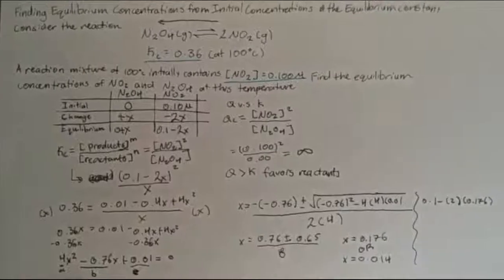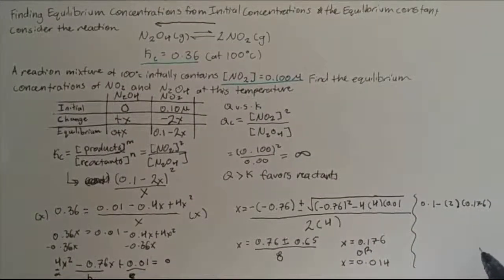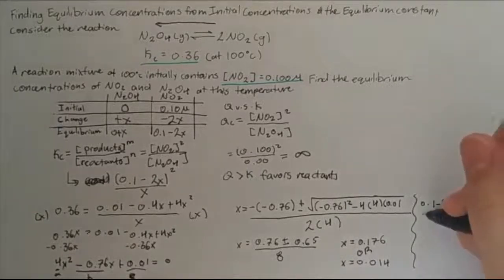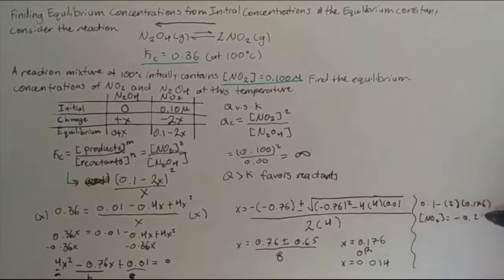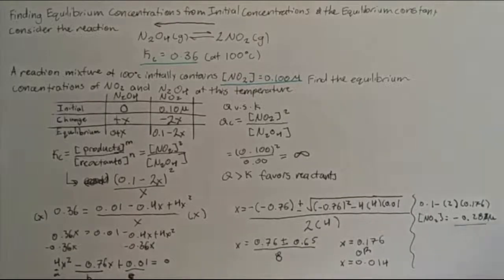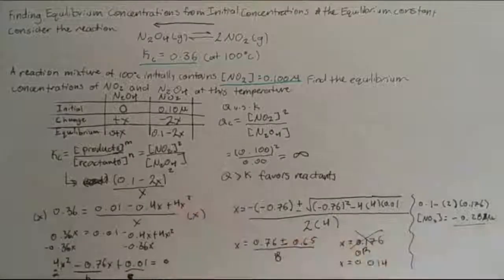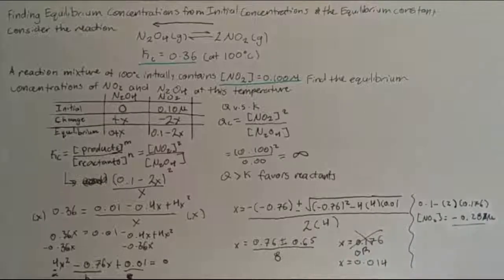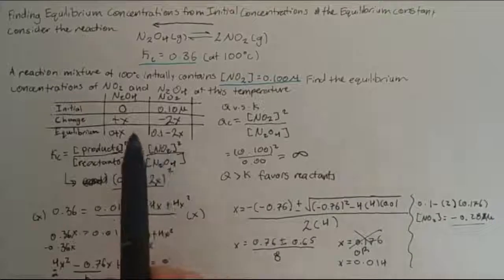From that, you should get the concentration of NO2 is equal to negative 0.282 molarity. And since this concentration is negative, that cannot exist. Therefore, we cannot use x is equal to 0.176 for the value of x. Then we are just left with 0.014 as x to plug back into these equations.